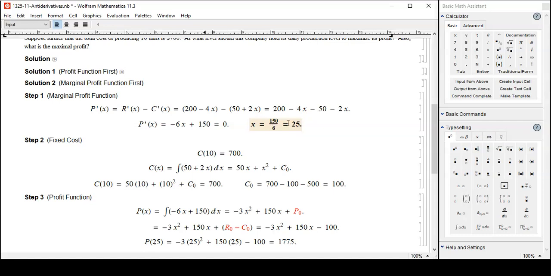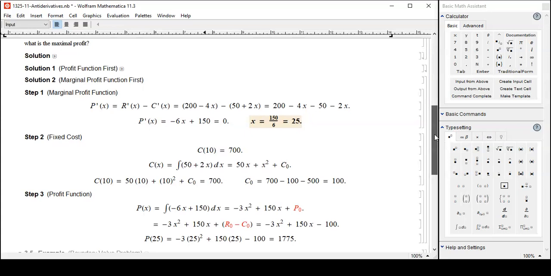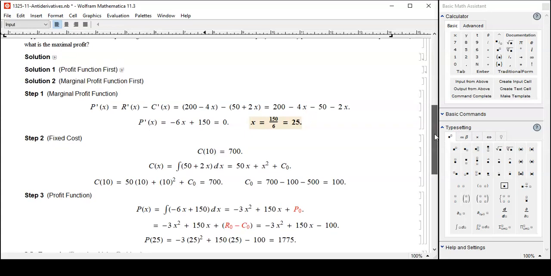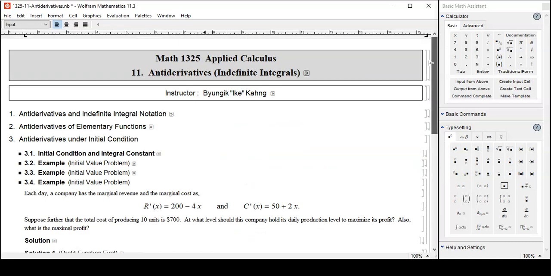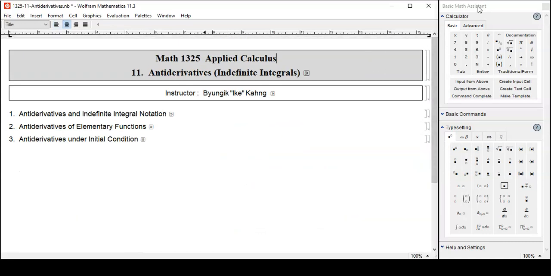But if you have to find out not just marginal profit, but the profit, maximum profit anyway, then there's no way out of this integral computation and then initial condition business. Okay, we went through both solutions. Which one do you like better? I'll leave you there, and that completes this business application problem.